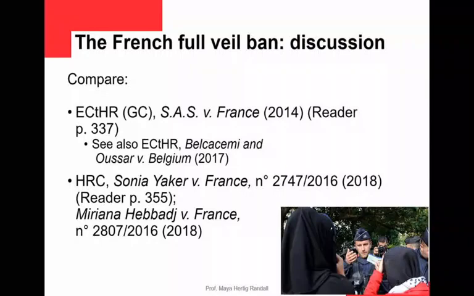But there are exceptions, and one exception is what the court calls potential victims. And the court says if you have a criminal law sanction, basically that already impacts your behavior. Because you will say, well, maybe I will just not go out because I will get fined. And you can't, in a way, ask the individual to already provoke a criminal sanction to challenge it. So the court here did accept also victim status.